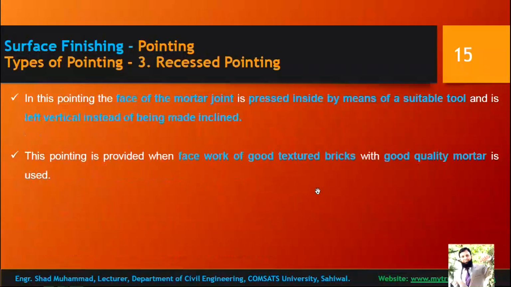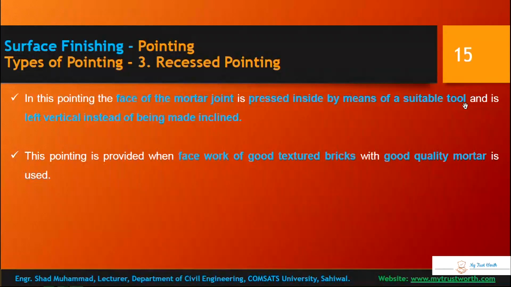Let's move towards the next pointing, recessed pointing. In this pointing, the face of the mortar joint is pressed inside by means of suitable tools and is left vertical instead of being made inclined. Let's view this.